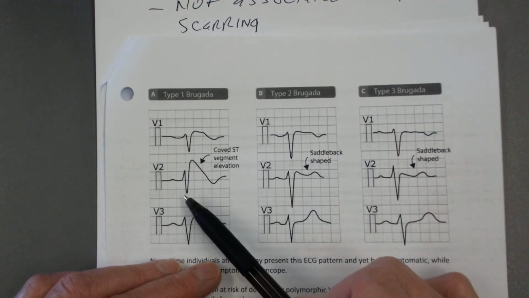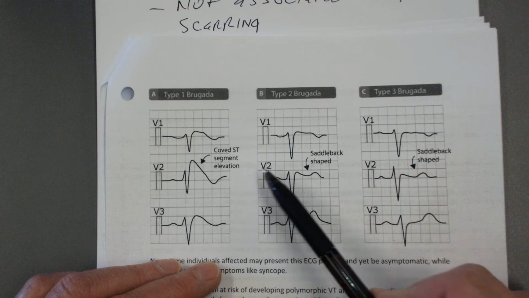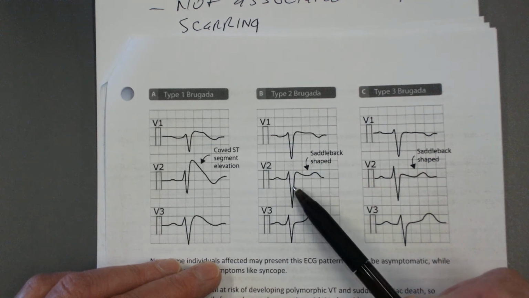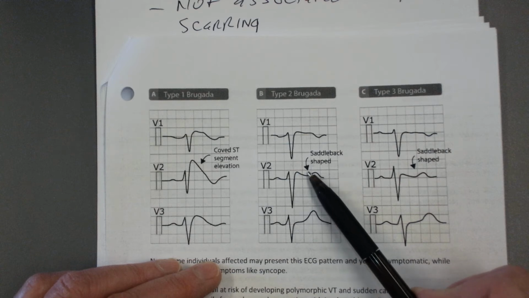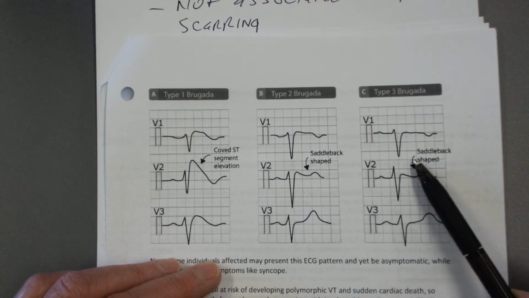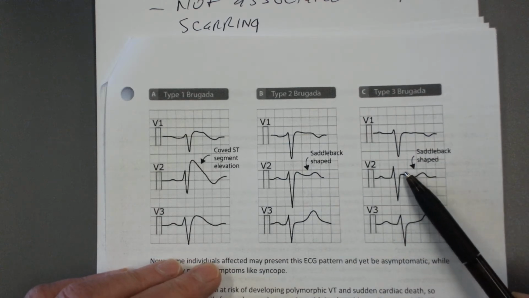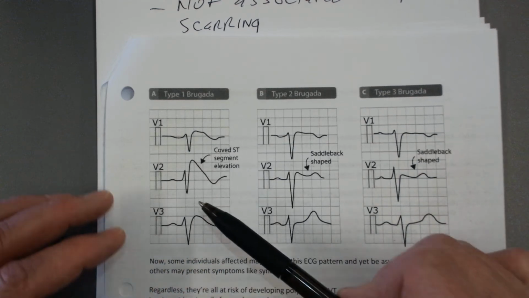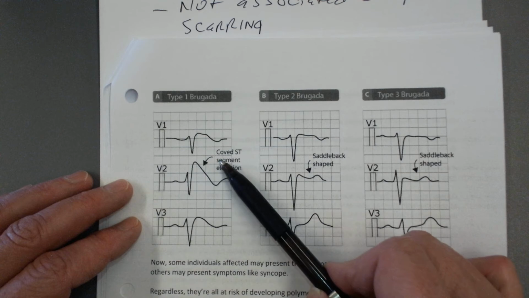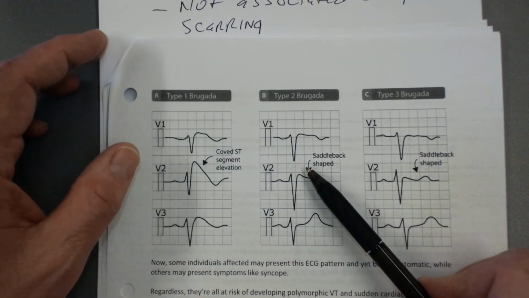In type 2, instead of an elevation, you get this so-called saddle-shaped region here. And then type 3 also shows the saddle shape as well. So you either get the elevated ST segment or the saddle shape.